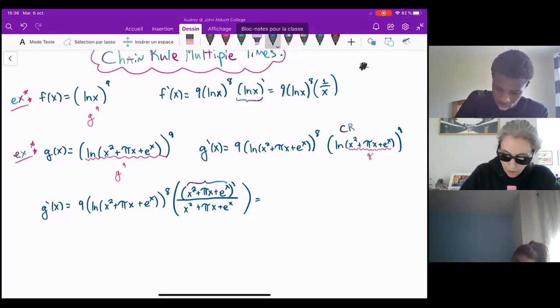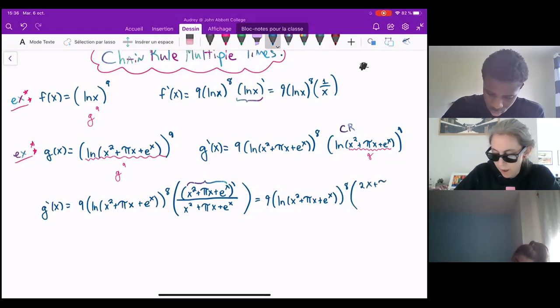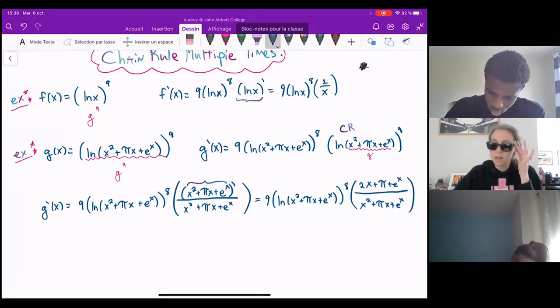So then this becomes 9 ln of x squared plus pi x plus e to the x to the 8 all times 2x plus pi plus e to the x over x squared plus pi x plus e to the x. And I don't have any primes left. That's my final answer.